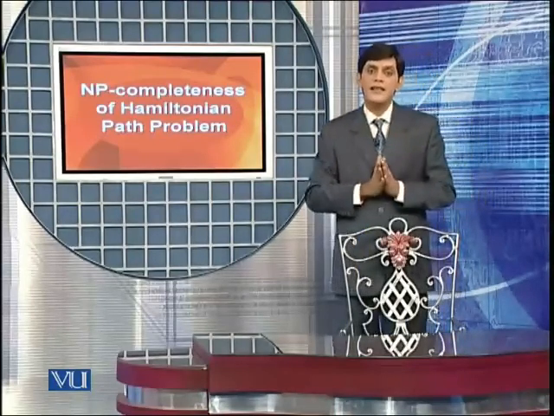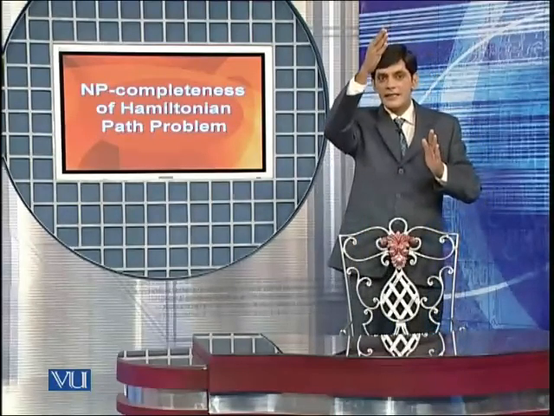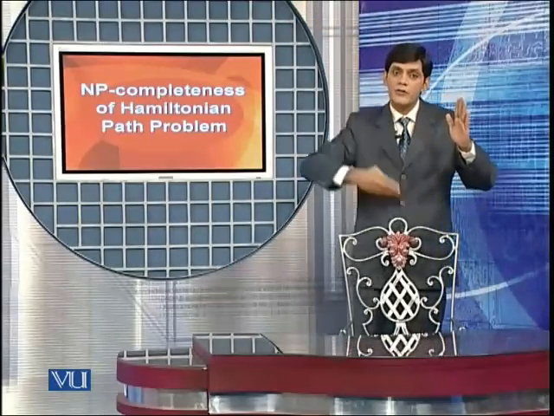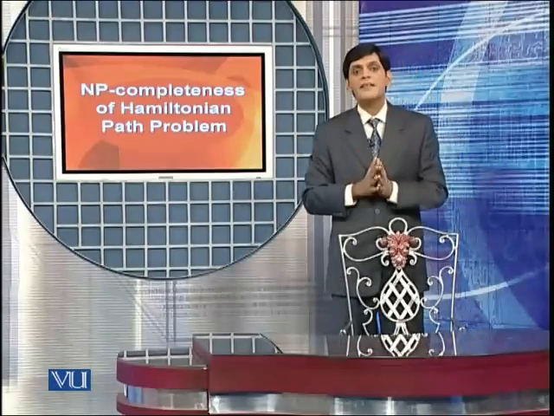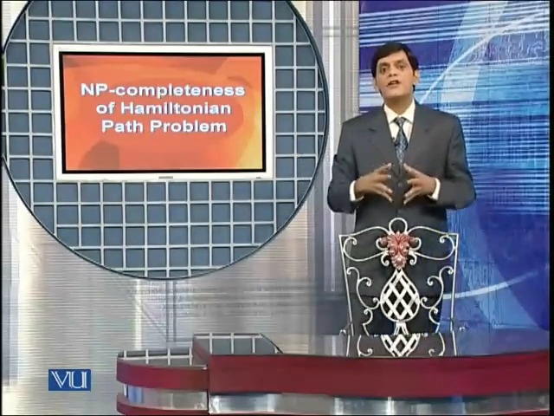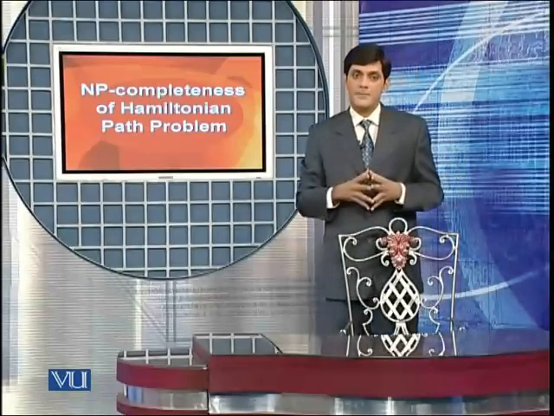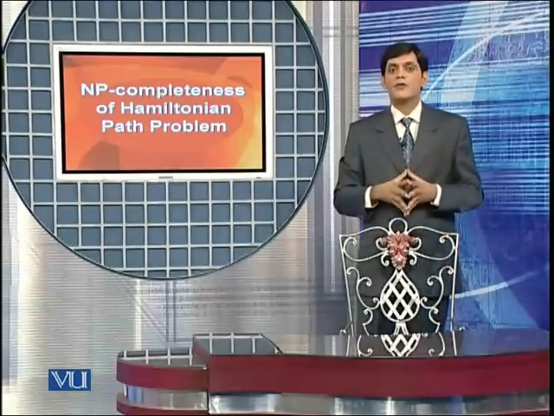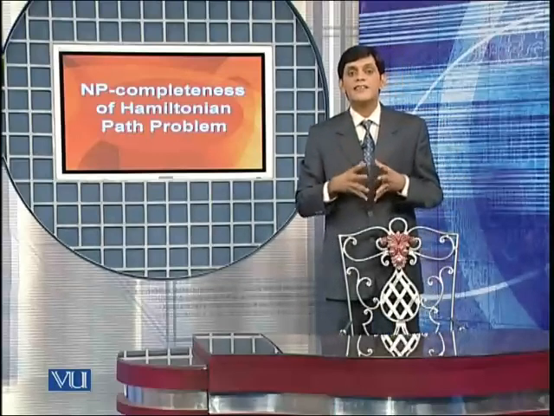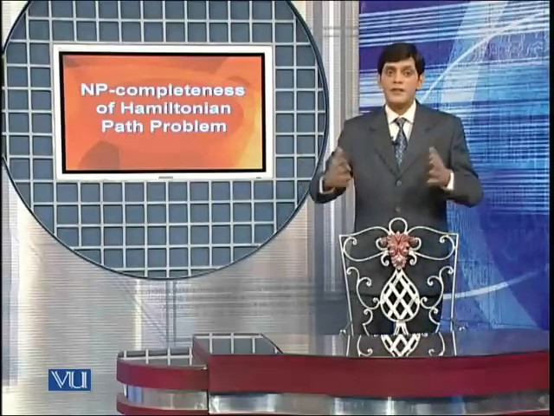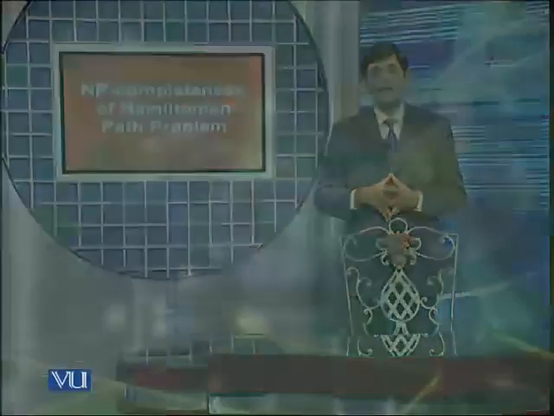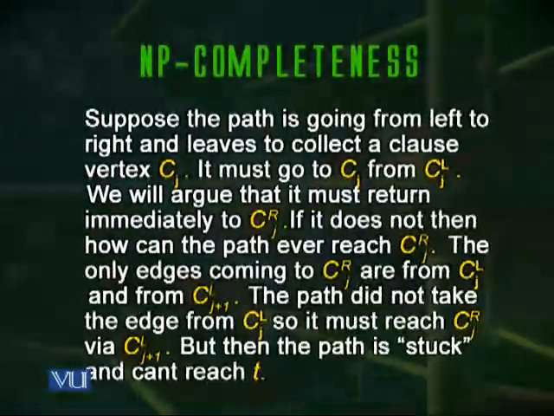So the only thing that can go wrong is that it comes down, goes to a clause vertex, and jumps to some other diamond. Can this happen? We argue that this cannot happen if we are talking about a Hamiltonian path. Any Hamiltonian path from S to T cannot do that, because we will not be able to extend this path to a Hamiltonian path. An ordinary path in the graph can do it, but not a Hamiltonian path.